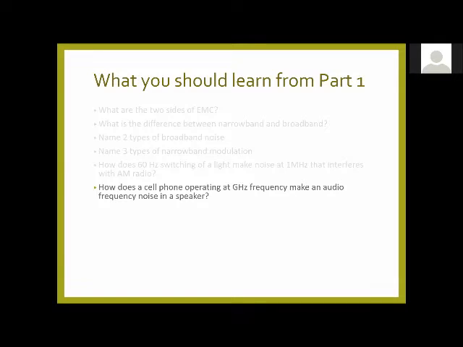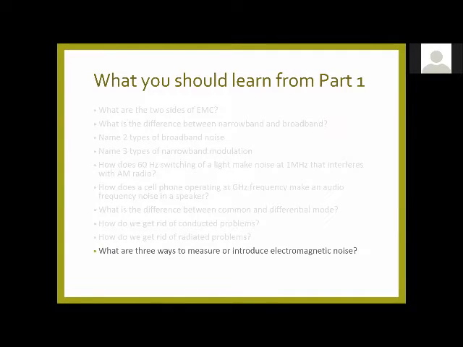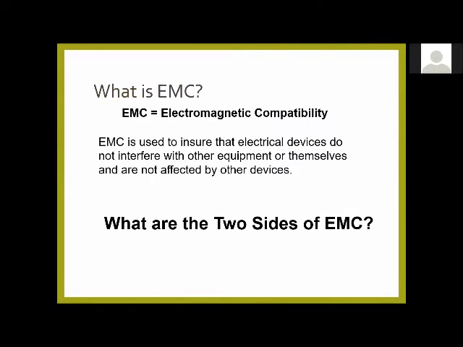Why does a cell phone operating at a gigahertz frequency make audio frequency noise in a speaker? Common and differential mode, what is that? Easy ways to get rid of conducted problems, radiated problems, and 3 different ways to measure or induce electromagnetic noise.